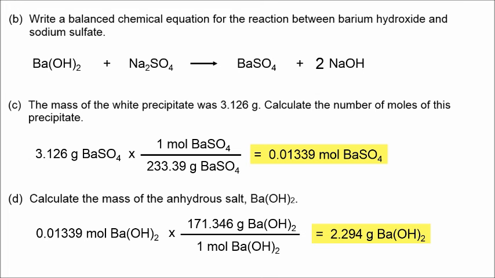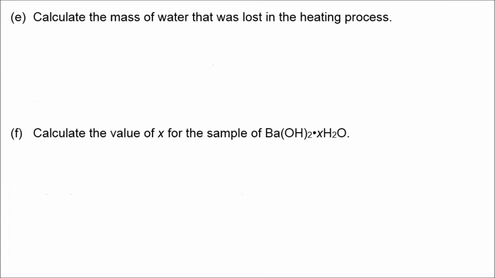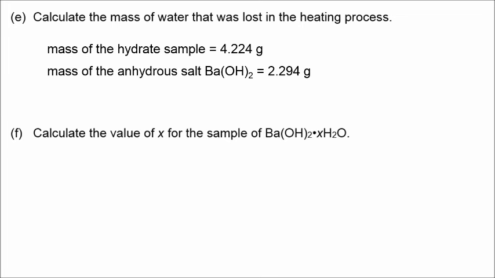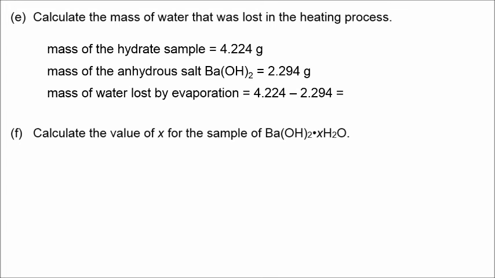You recall that in part A, the mass of the hydrate was 4.224 grams. We just calculated that the mass of the anhydrous salt is 2.294 grams. That difference tells us how much water was lost whenever it was heated. And that is equal to 1.930 grams of water.